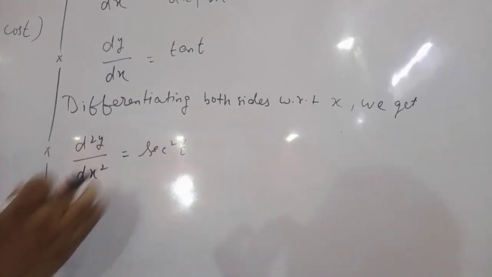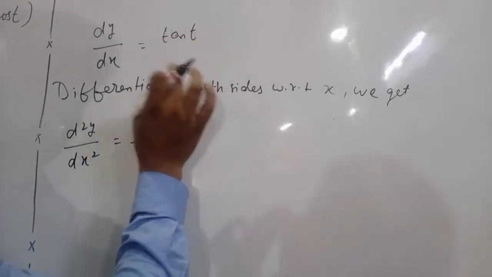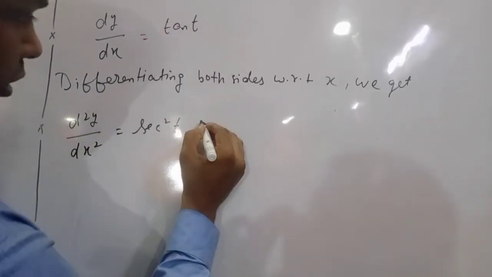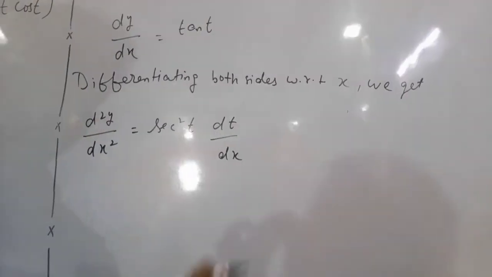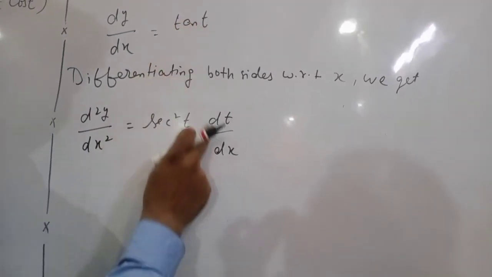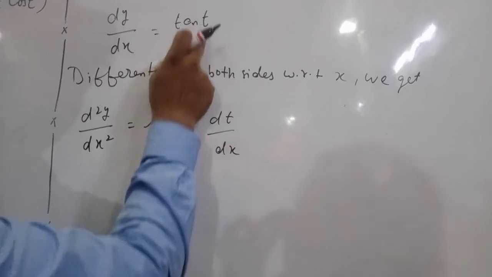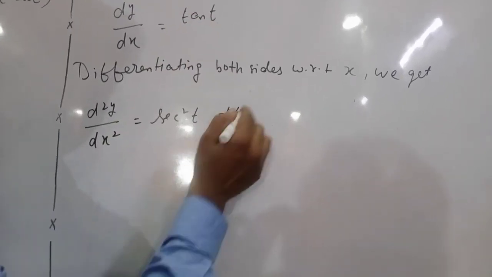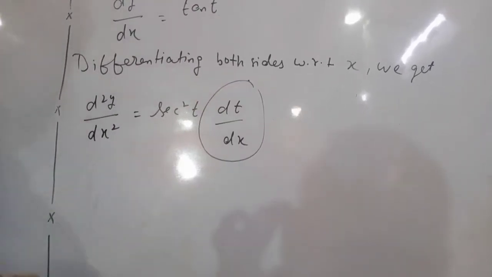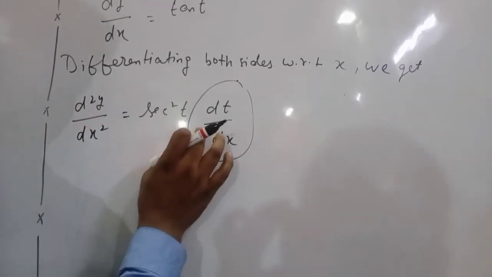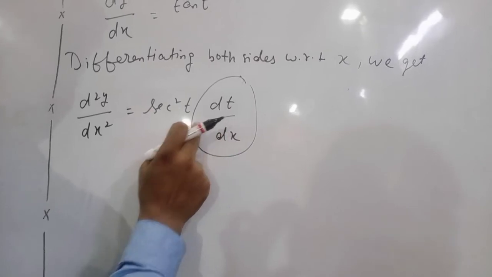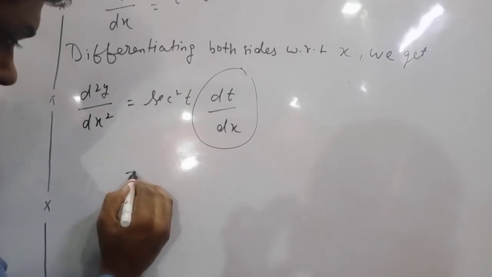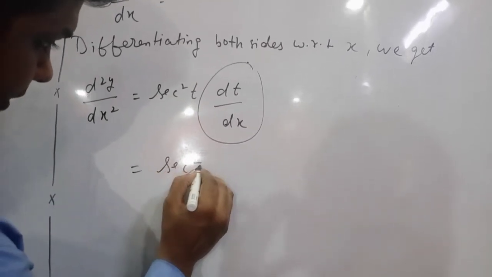This is the formula. Derivative of tan t is sec square t. Now you have to differentiate this angle also, that is t. It will be dt by dx, because we are differentiating this with respect to x here. That's why we are adding dt by dx. So please remember this step. There are so many students who are making mistakes in this step also. Okay, so you have to write this step and sec square t.